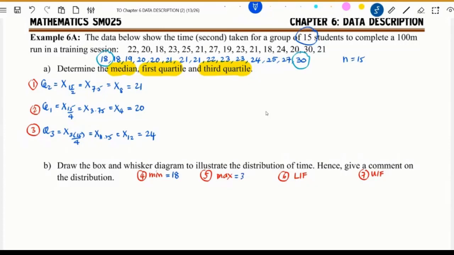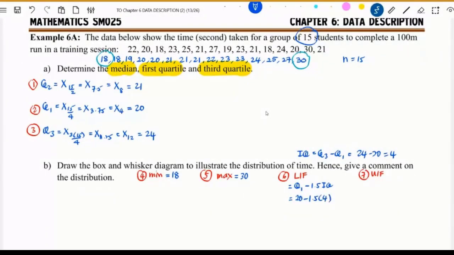So lower inner fence, we have the formula, which is Q1 minus 1.5 times IQR. So your interquartile range, which is Q3 minus Q1, which is 24 minus 20, we get 4. So we're going to have Q1, which is 20 minus 1.5 times 4.